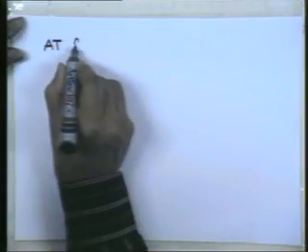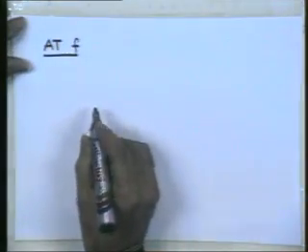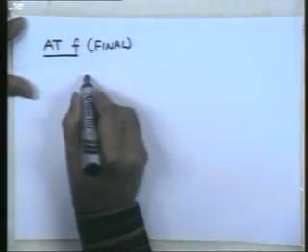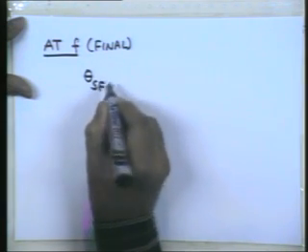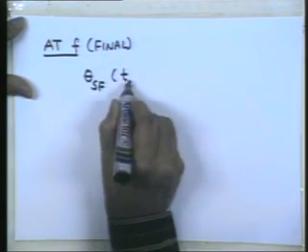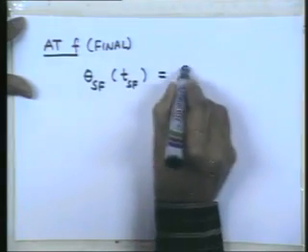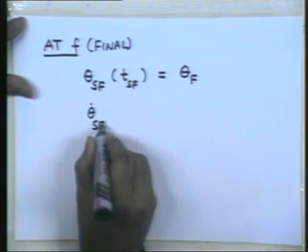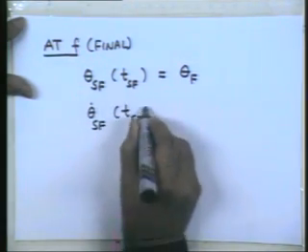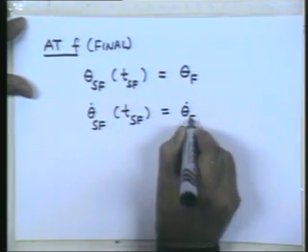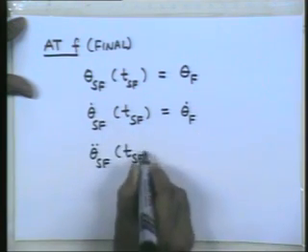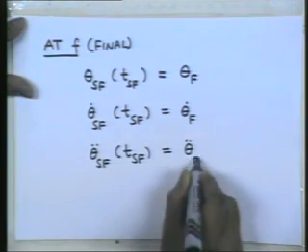Okay. Let's look at the final position F on a similar line. You have theta SF of T SF should be equal to theta F, that is prescribed, and it should have certain velocity theta dot final, and theta double dot, that is the accelerations are also prescribed, and therefore you can have these.